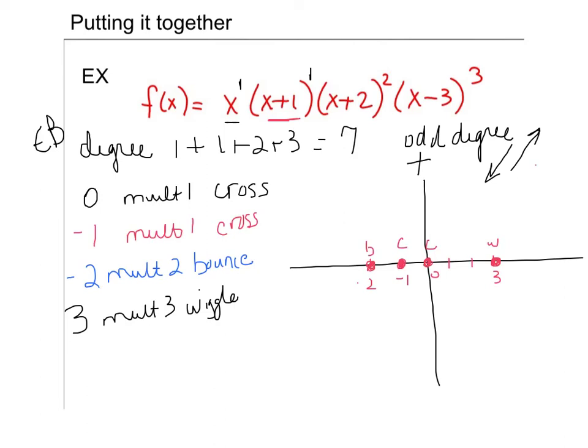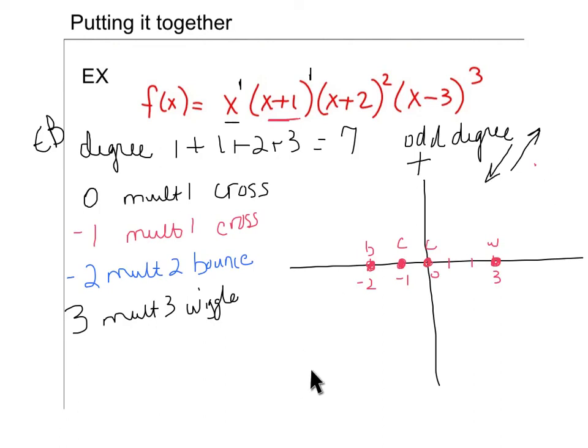Now I'm taking my odd degree. I have an odd degree here, so I'm going to start from down here, and I'll just follow the arrow. It starts here. It's going to bounce, doesn't cross. Then it crosses here. It crosses here. And then it wiggles and ends up. So remember, it started down.